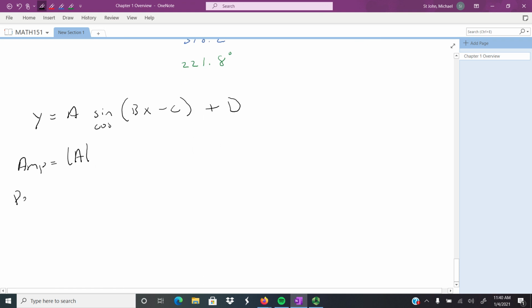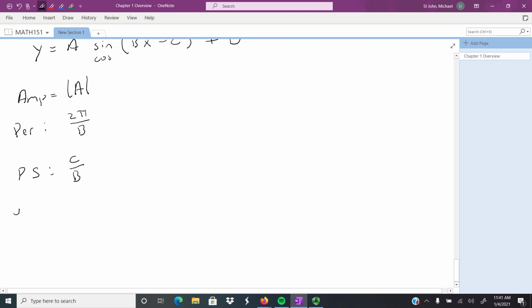The period was given by 2 pi over b. The phase shift was c over b. And then the shift of the whole graph up or down was given by d.